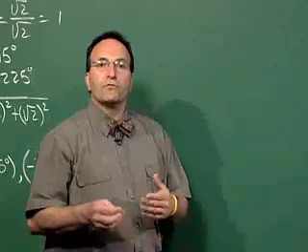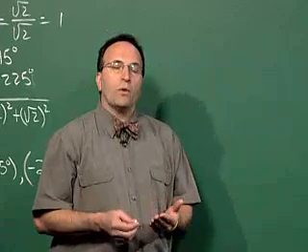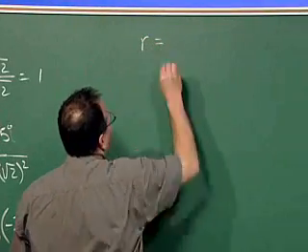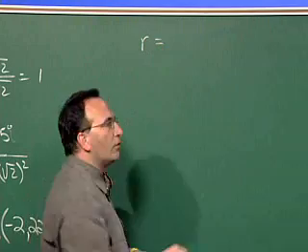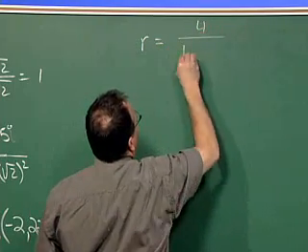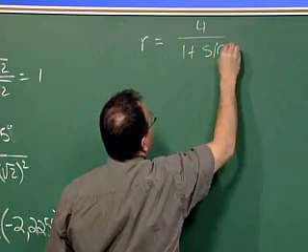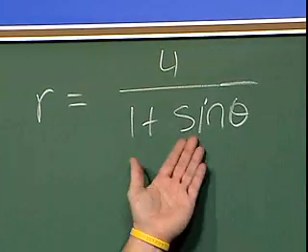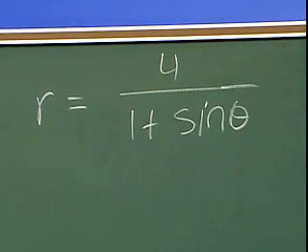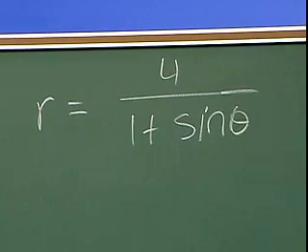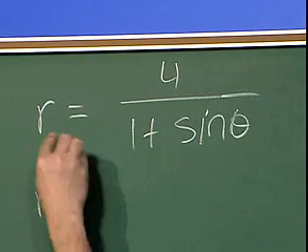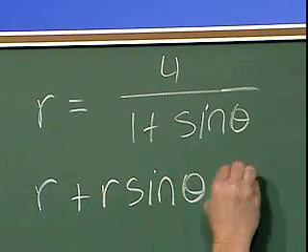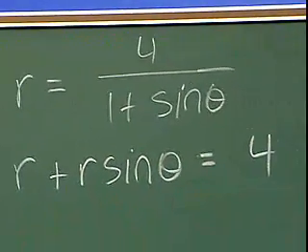All right, so first we start with the equation r is equal to 4 over 1 plus sine theta. What I'm going to do is multiply both sides by 1 plus sine theta, which will give me r plus r sine theta equals 4.